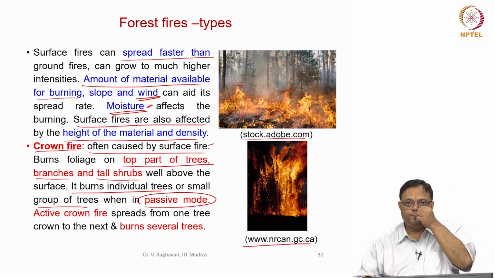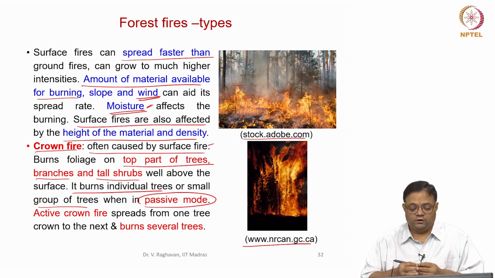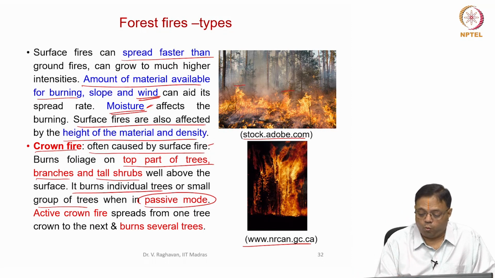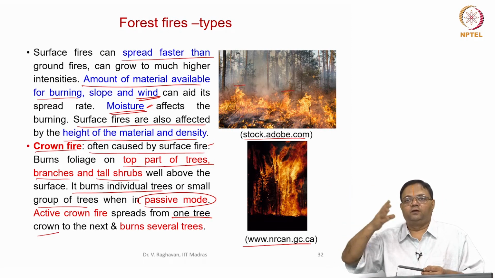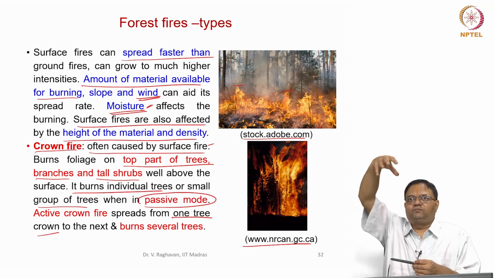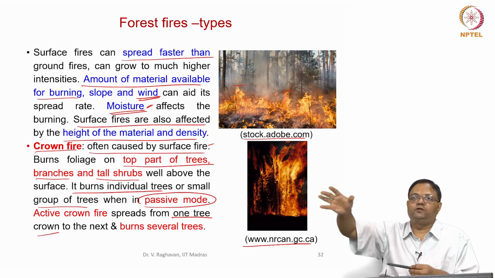Passive mode means what? The surface fire has caused this crown fire. This is passive ignition. But active crown fire means it actually spreads from one tree top to the other tree top. Based upon the heat release from one of the crowns and the separation distance between the other trees, etc., it spreads between these two trees.